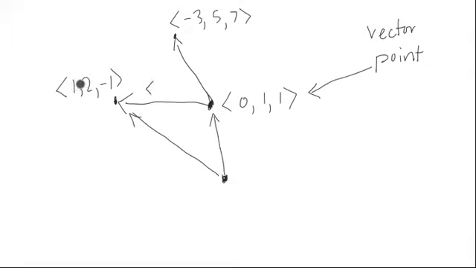So this vector is going to be 1 minus 0, 2 minus 1 is 1, and -1 minus 1 is -2. This one right here is going to be -3 minus 0, 5 minus 1, 7 minus 1.